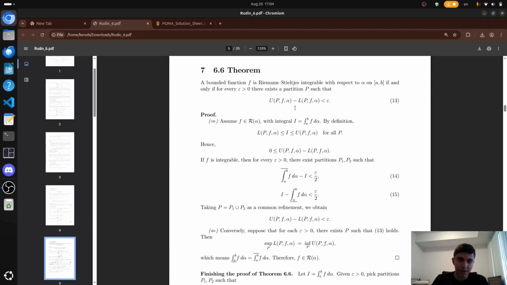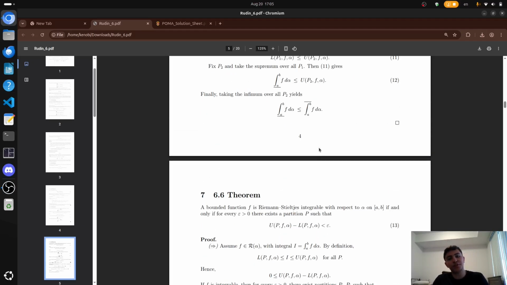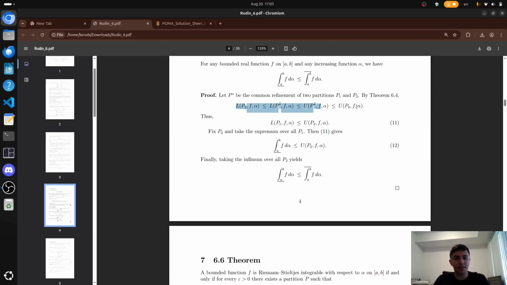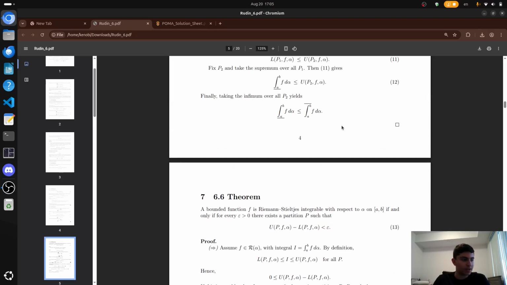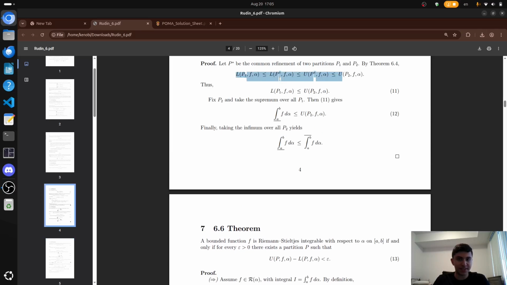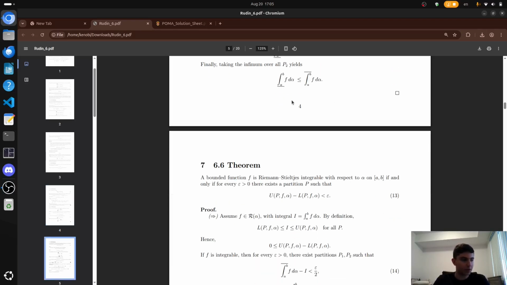So the strategy over here is that there are two parts to this proof. One part is to use this inequality again, right? When you use this inequality, you can replace these things with the lower and upper integrals and subtract them, and you know that this is going to be less than the other value over here.